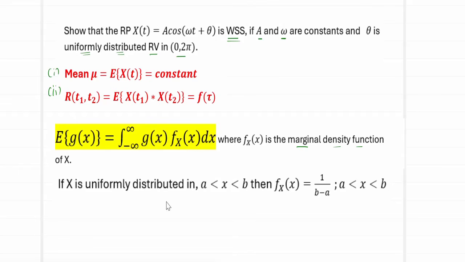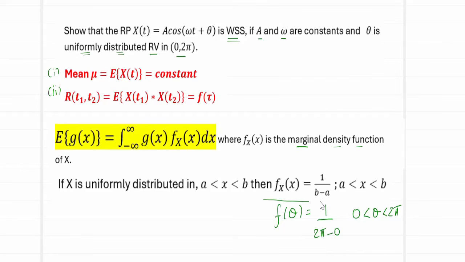In our case, what we have is theta. So what will be my f(theta)? It will be 1 divided by (b minus a). Where is my theta distributed uniformly? In the interval 0 less than theta less than 2 pi. So the value will be 2 pi minus 0, that is b minus a. So my f(theta) will be equal to 1 by 2 pi.